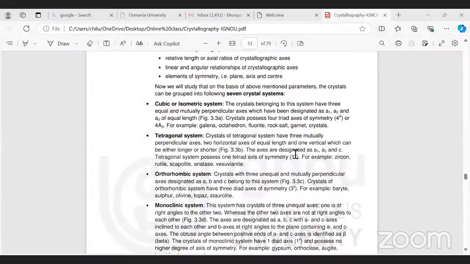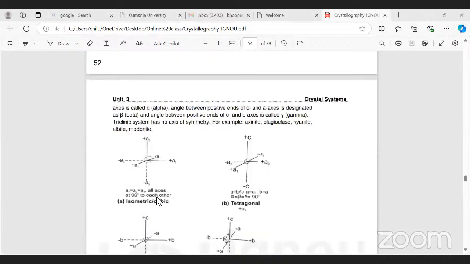Cubic system or isometric system. In these crystals, almost all the axes are equal and have equal length. You see here the first picture, isometric or cubic.